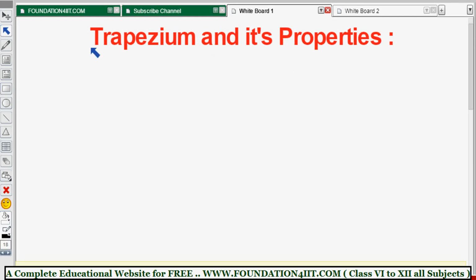Trapezium and its properties. Let me explain the definition, how we can define the trapezium. In quadrilaterals, one type of quadrilateral is the trapezium.